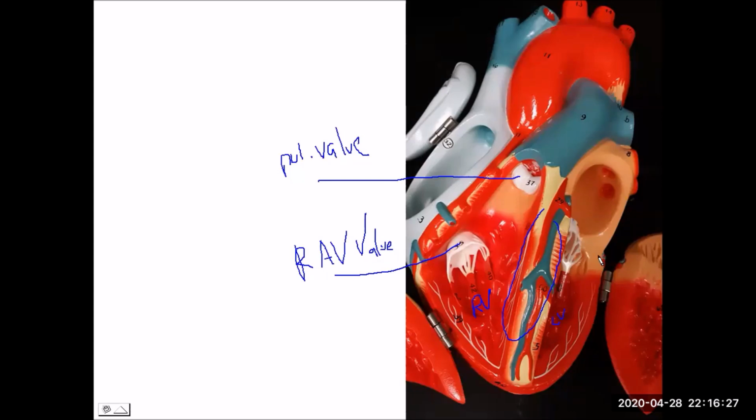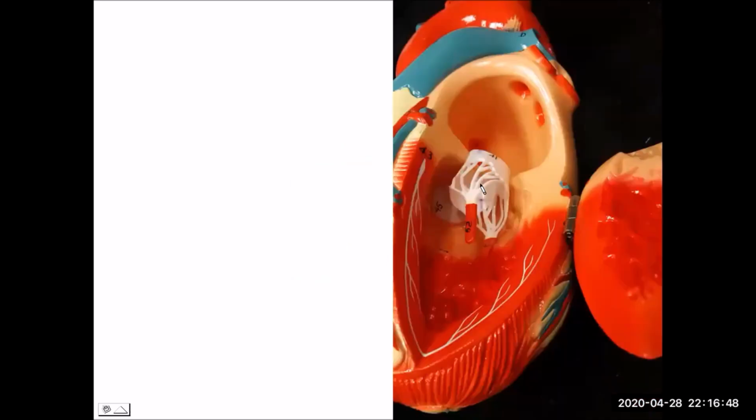On the opposite side, we have here what's known as the left atrioventricular valve, or alternate names for it could be bicuspid valve or mitral valve. And then we need another view here. So we're once again seeing that bicuspid valve.